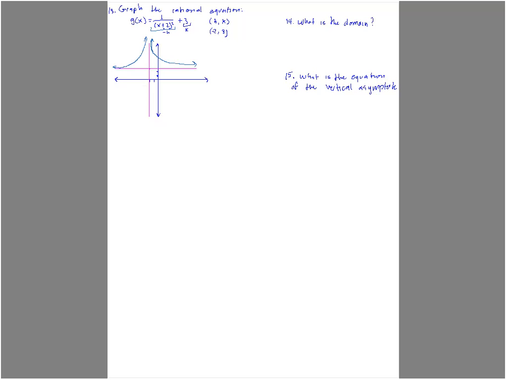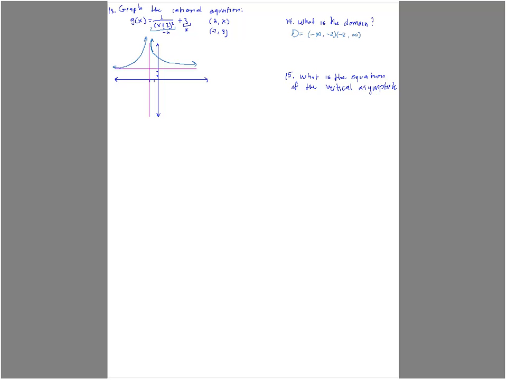So we can go ahead and say that the domain is everything from negative infinity to -2 exclusive, and then from -2 to infinity.